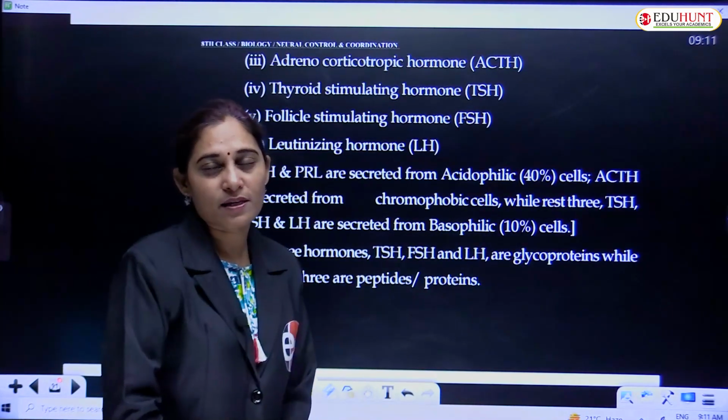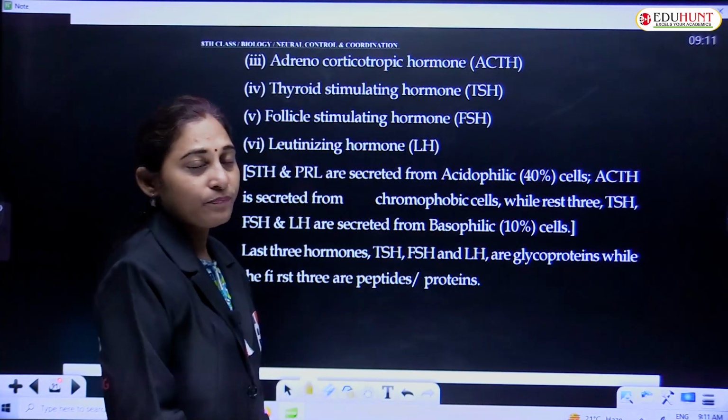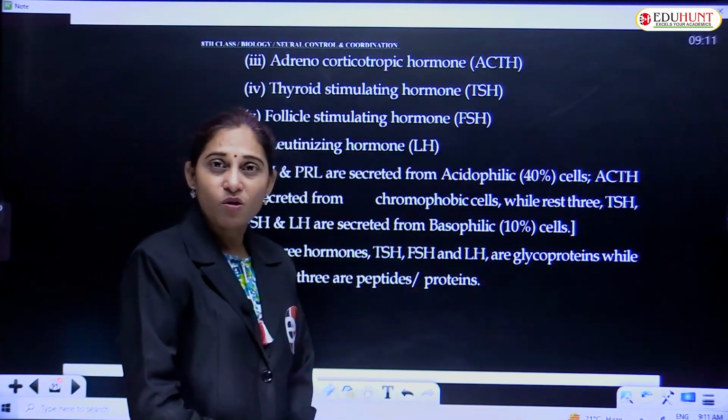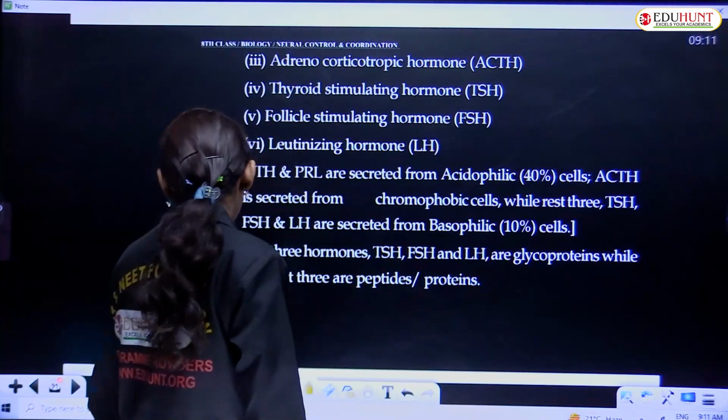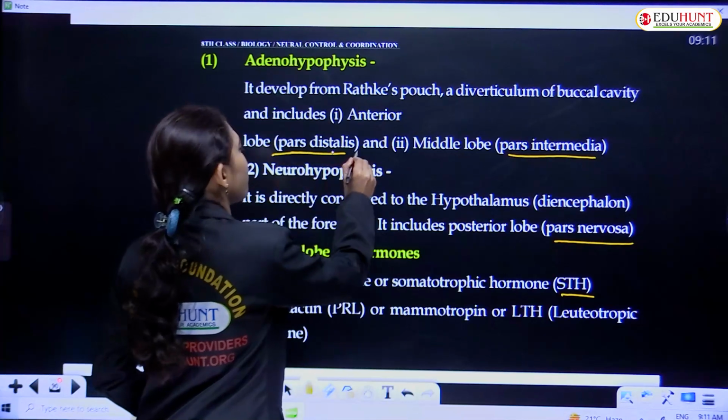6 hormones are secreted by the anterior lobe of the pituitary gland. What do we call this anterior lobe? It is pars distalis. Yes, it is marked here.